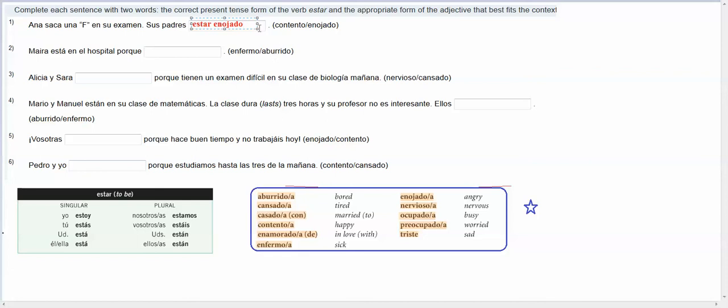So who's angry? Her parents, or they? And if we look at estar down here for ellos, that's están.